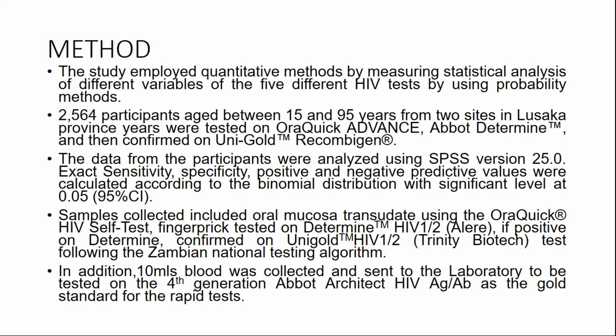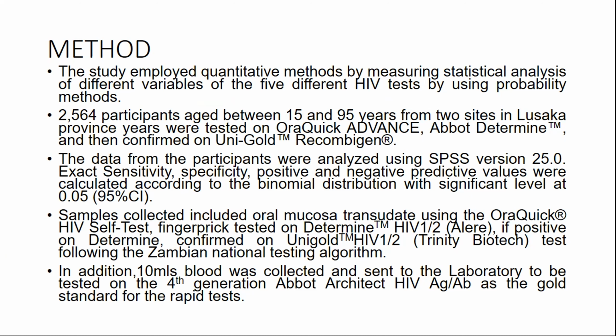The data from the participants were analyzed using SPSS version 25.0. So exact sensitivity, specificity, positive and negative predictive values were calculated according to the binomial distribution with significance level at 0.05, which is 95% confidence interval.